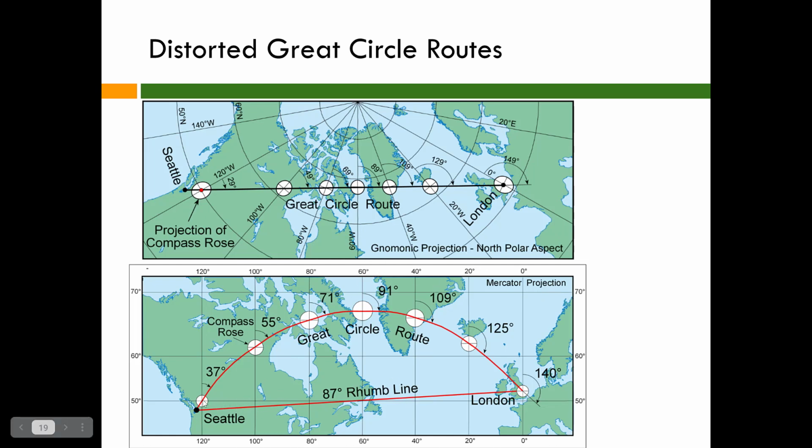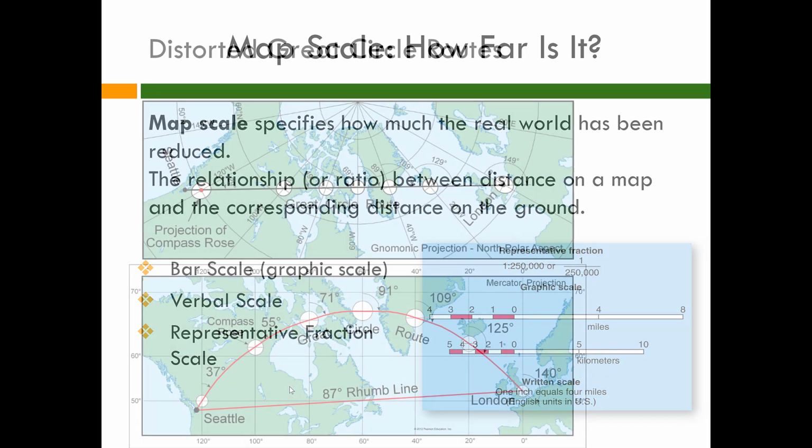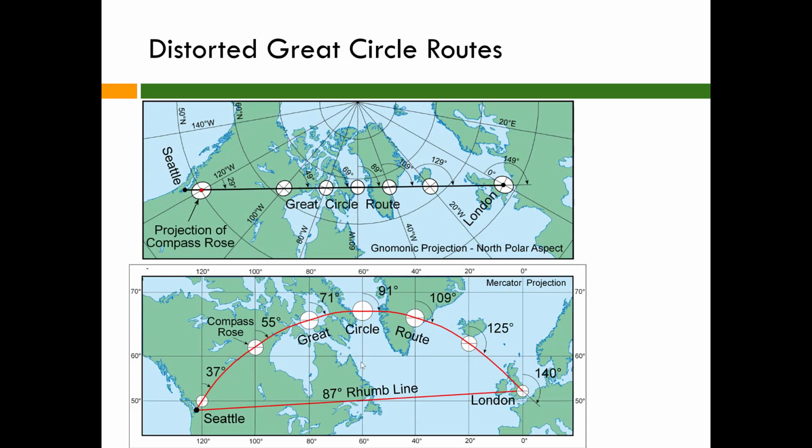So you can see here, maybe this angle is, I don't know, maybe 85 degrees from this 100 degree west meridian. And this angle, and this angle, and this angle, they are all the same.